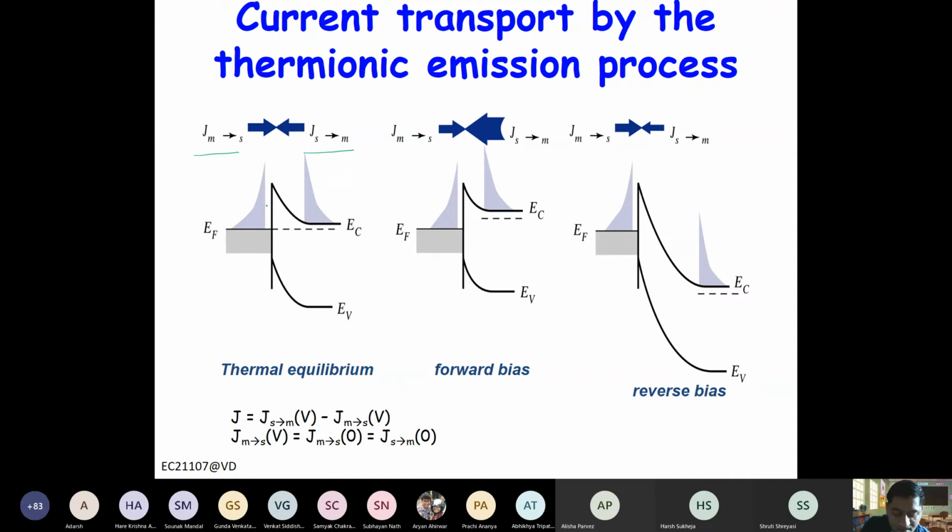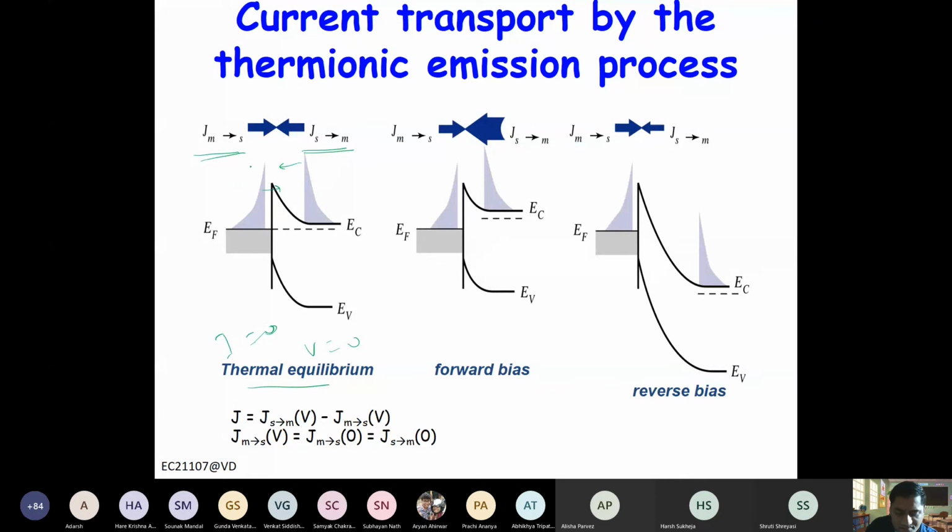More electrons can go from semiconductor to metal because this barrier is low, and fewer electrons go from metal to semiconductor. But since we have applied 0 voltage, the current has to be 0. So that means, if you take care of some coefficients of this current, both currents should be equal.